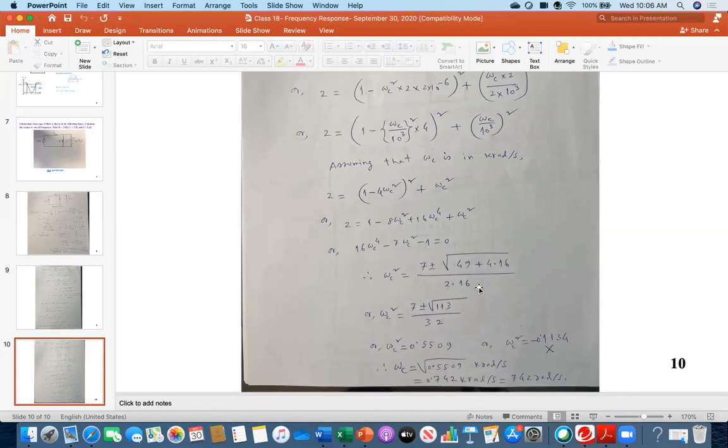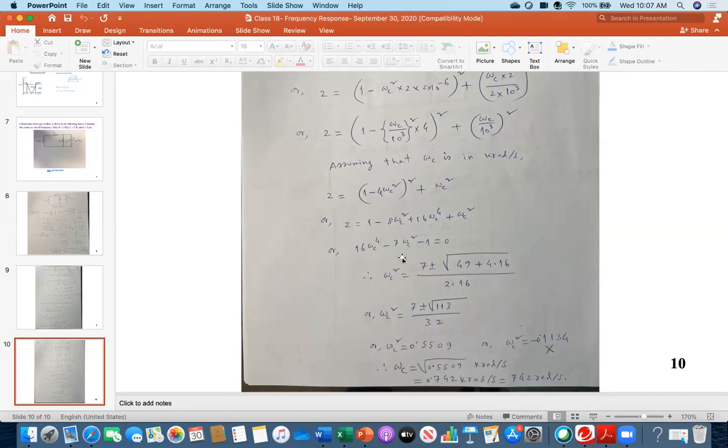The solution for a quadratic equation, that format. This is my quadratic equation, omega c to the 4th power minus 7 omega c squared. I am treating omega c squared as my x, so it is in the format ax squared minus bx minus c.